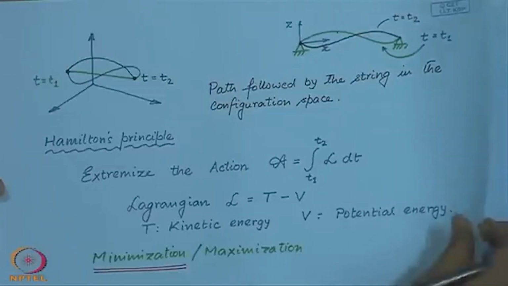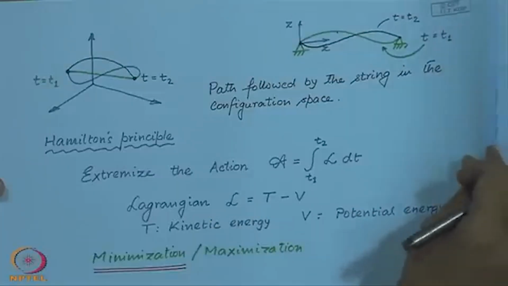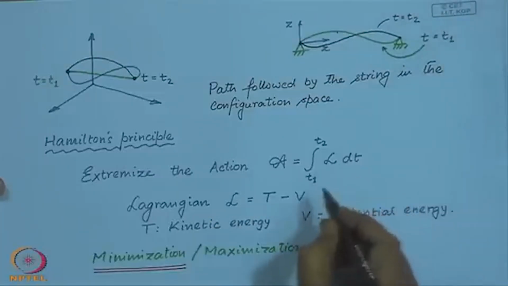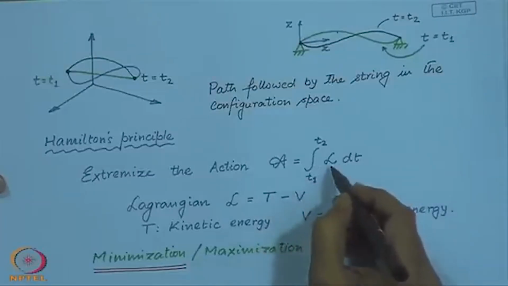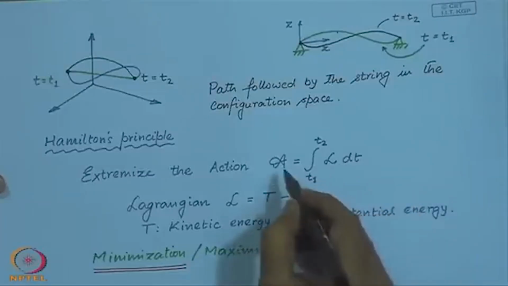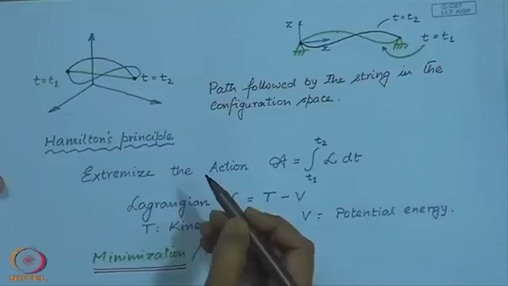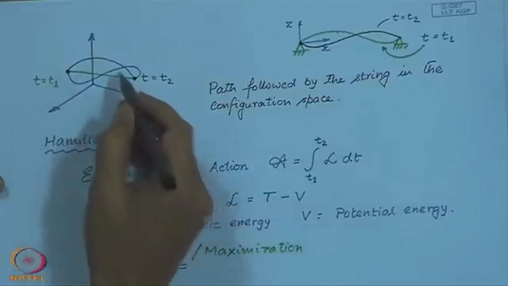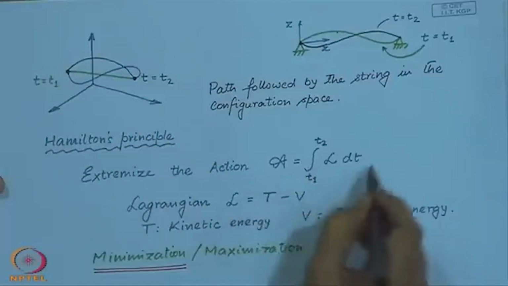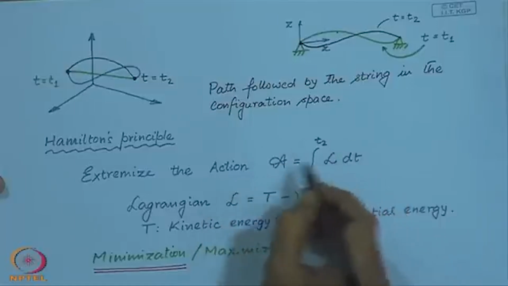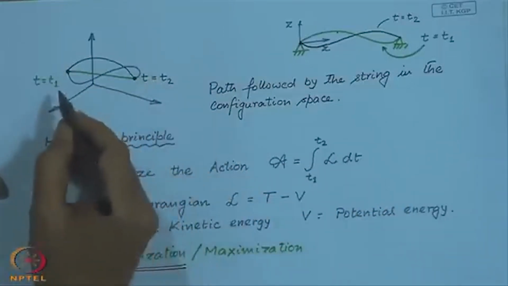Now, let us see what is meant by this extremization. The thing that has to be understood is this: we are talking in terms of paths in the configuration space. So, this action is a function of this path, which is a function of time.